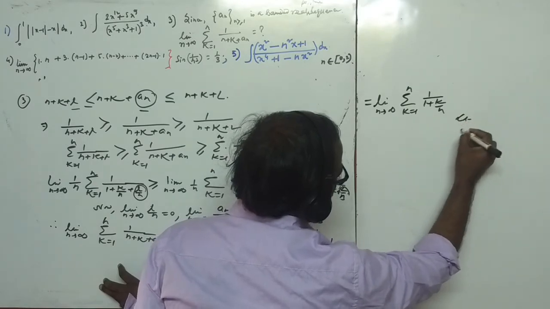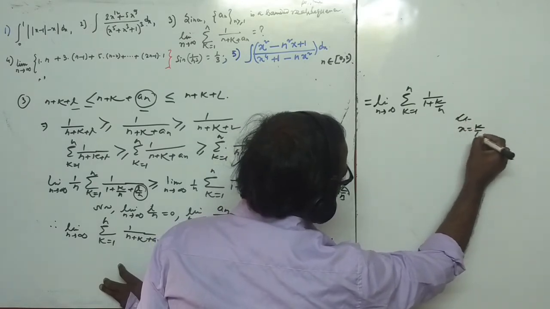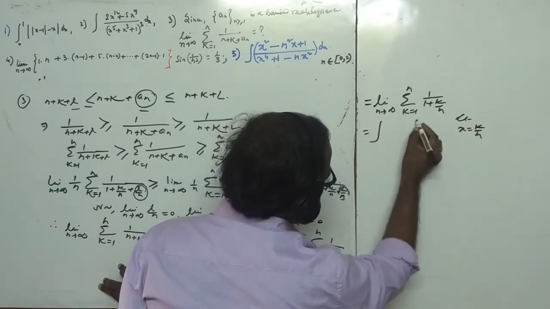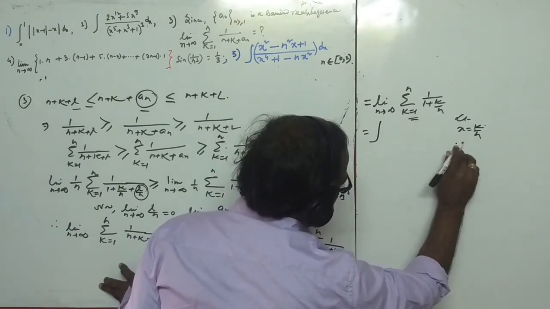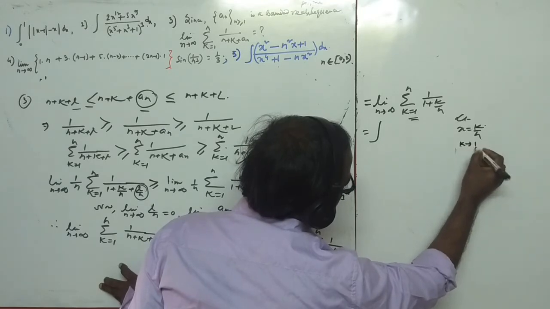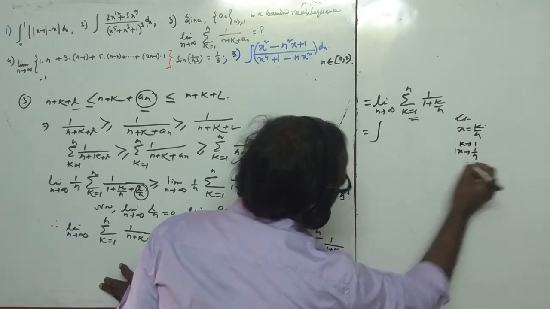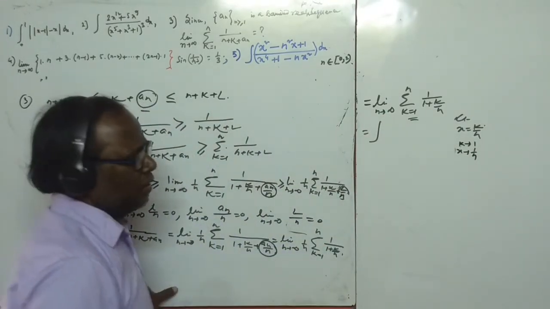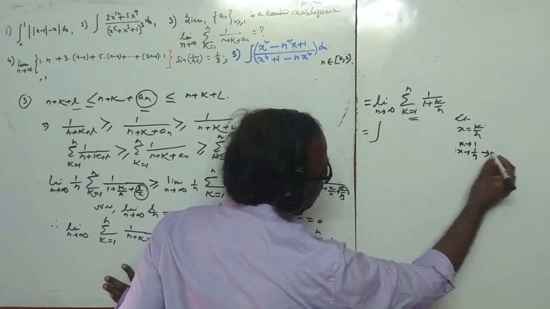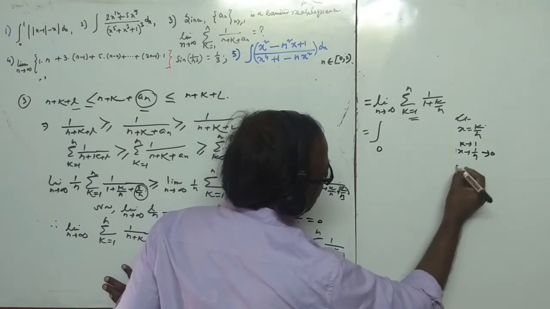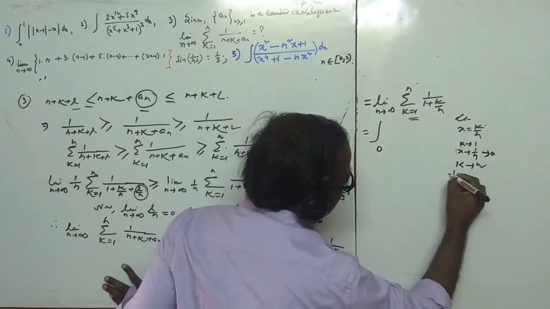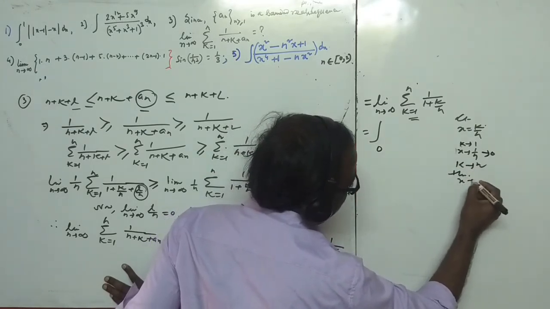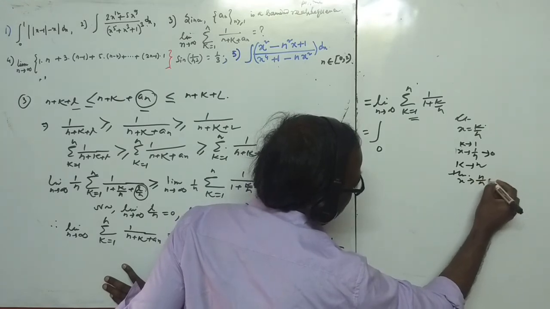Let x is equal to k by n, and this is the lower limit. If we put here 1, so as here k tends to 1, so x tends to 1 by n. So here n tends to infinity. So you can write here this is 0. So this is the lower limit 0. If k tends to n, then x tends to n by n, and this tends to 1.